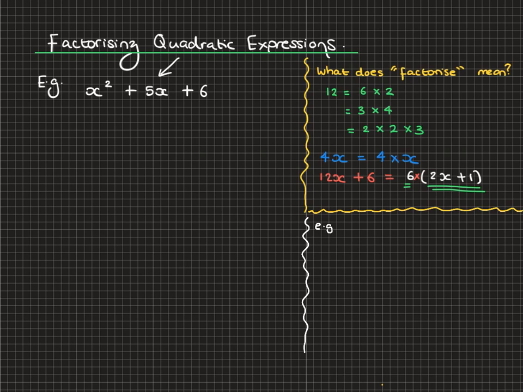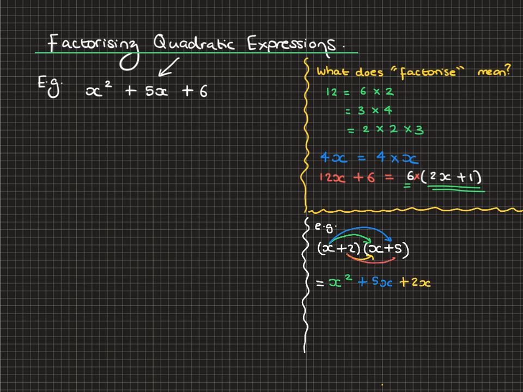So, for instance, remember when you expand an expression like this, x plus 2, x plus 5. What happens? Let's go through it again step by step. So, x multiplies by x, giving us x squared. X multiplies by 5, giving us 5x. X multiplies by 2, giving us 2x.